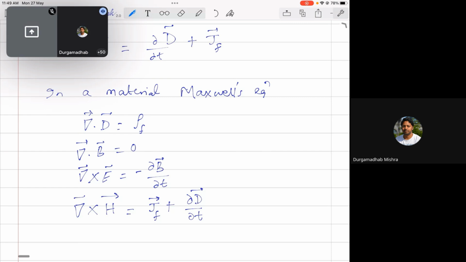These are the modifications to Maxwell's equations in a material system, which indicates that there are additional charges and additional currents induced due to your electric and magnetic field, which are absent in free space.